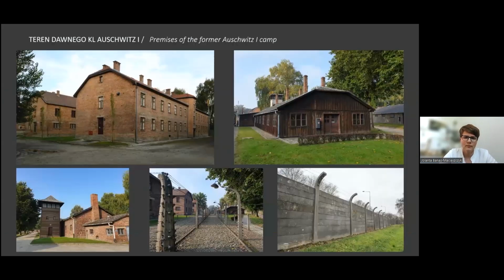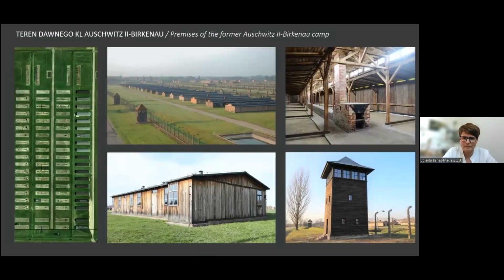The former KL Auschwitz buildings are mostly masonry buildings made of brick for the inmates, we see them top left. There are also wooden sheds, barracks, and guard towers, and the historical fencing and roads. The extant developments in Birkenau consist mostly of wooden and masonry barracks.